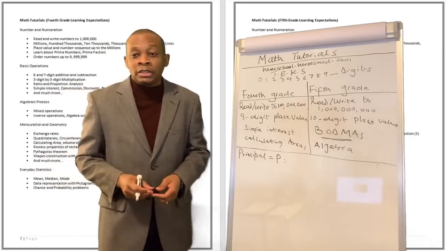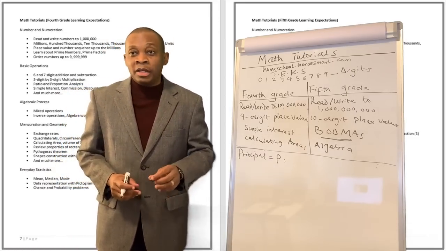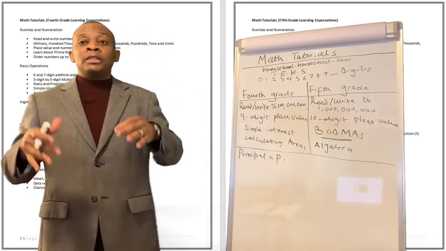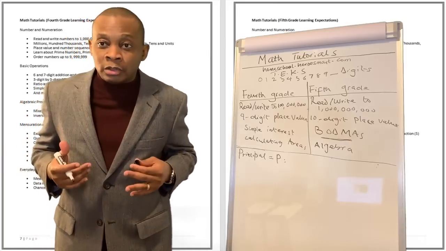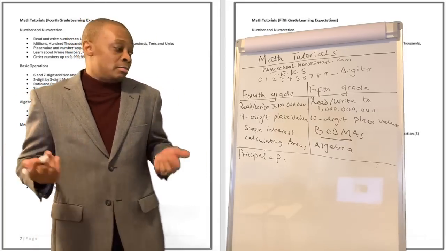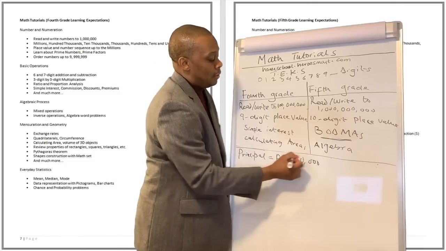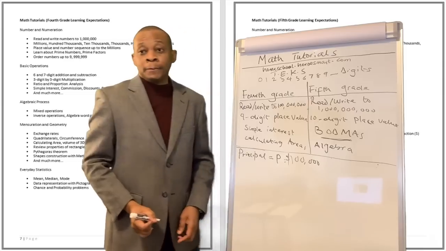So an interest is pretty much like, I'm going to give you this money, Mr. Bank of America or something like that. Please give me back an interest on my money. In other words, go ahead and work with my money. Let's say I give the bank $100,000.